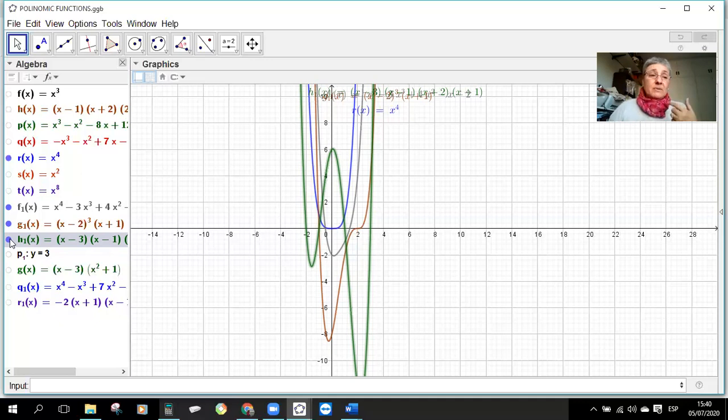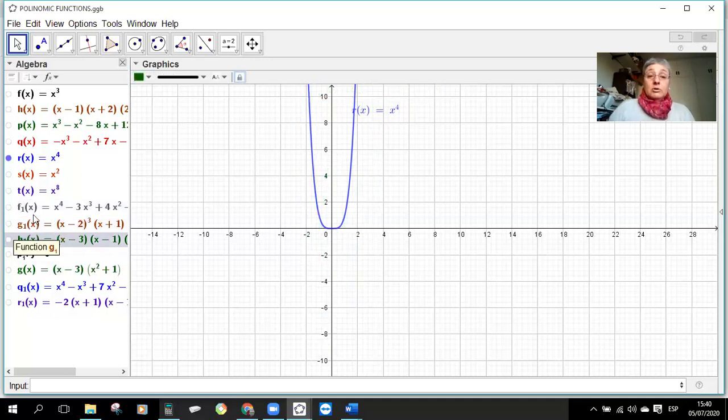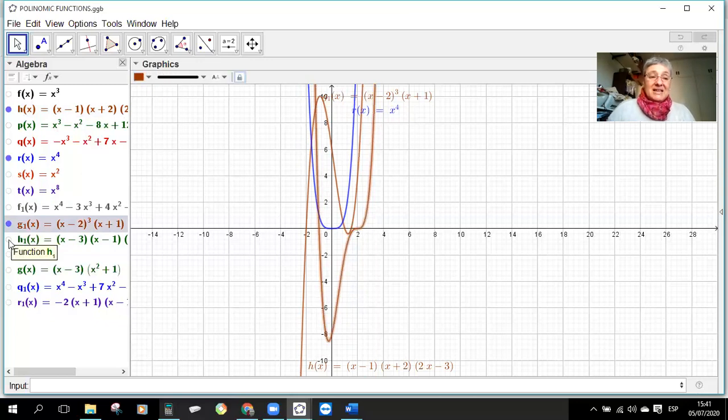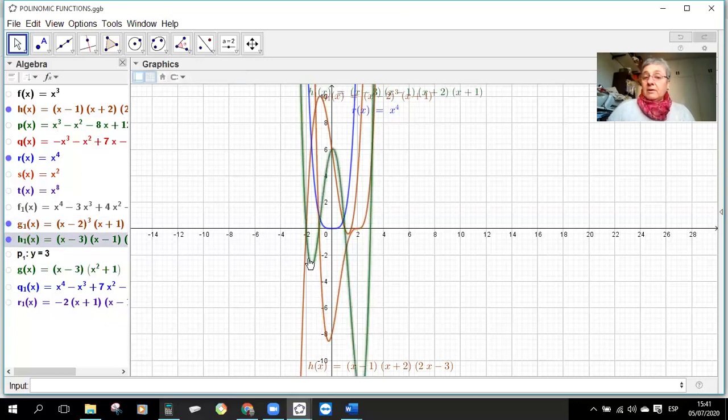But from the cubic one and on, those functions might have more than one minimum and more than one maximum, or a minimum and a maximum in the same graph, okay?